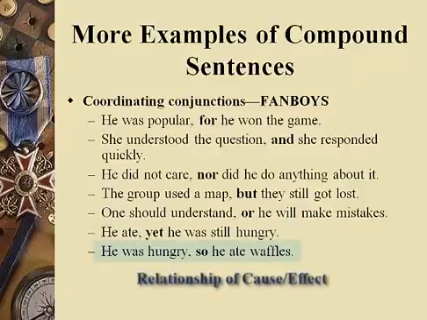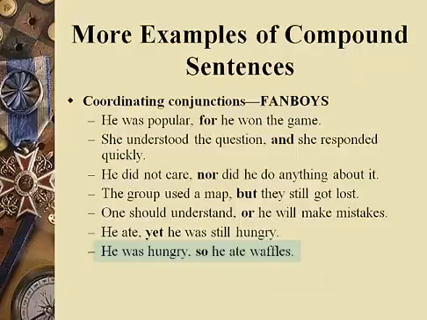He was hungry, so he ate waffles. This underscores the significance of how important word choice is. You always want to select your language very carefully. Literally, you could throw the meaning of an entire chapter of one of your papers off by misusing one single word. And it could be something as simple as a coordinating conjunction.